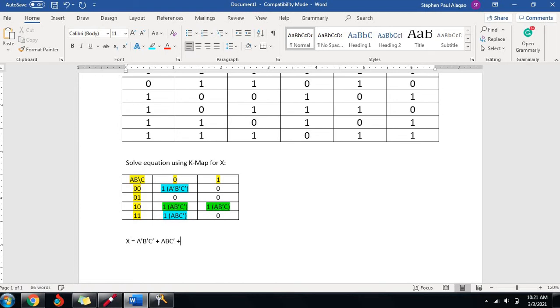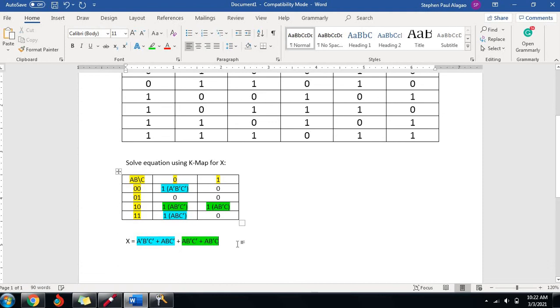And then plus the green: you have a, b bar, c bar, and then plus a, b bar, and then c. These are the blue groups, and these are the green groups.